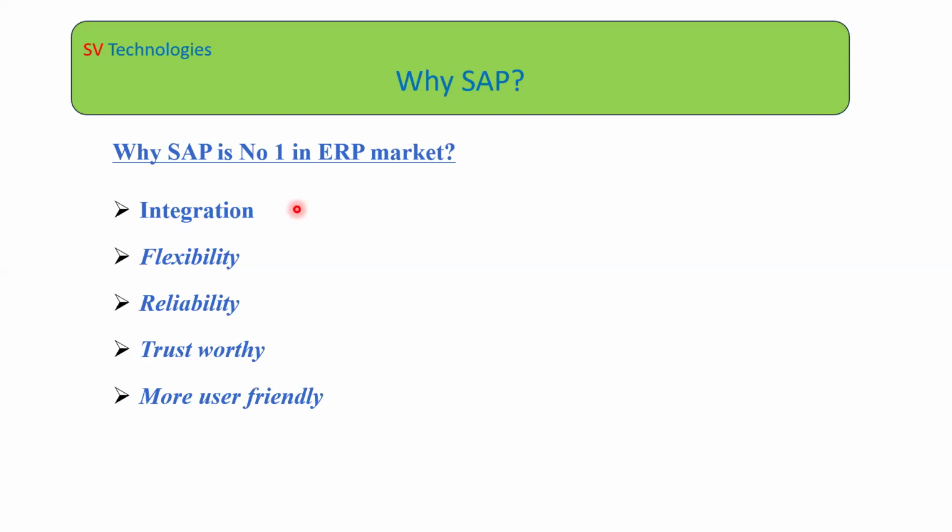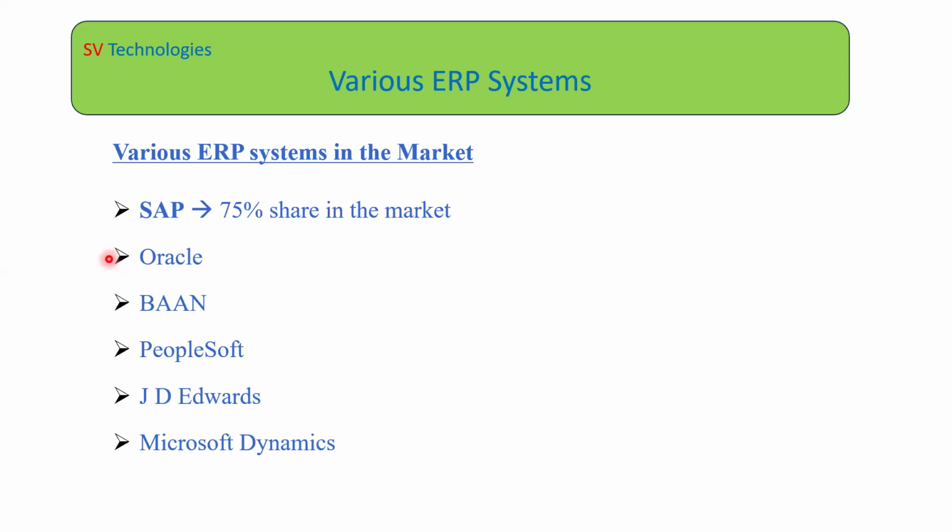In SAP, all these departments are integrated. I will explain in more detail in the further slides. Because of that, SAP is leading in the market. The other ERP systems other than SAP don't have this integration, so they are in the next place.